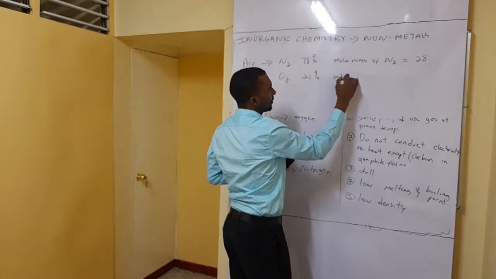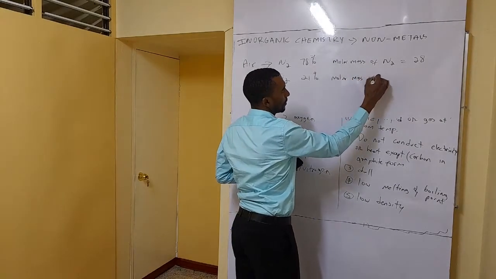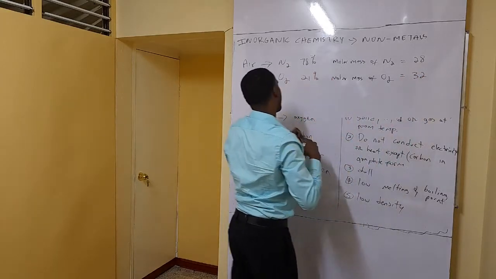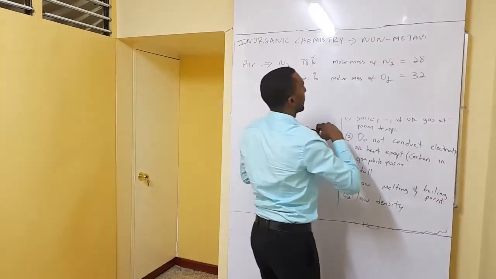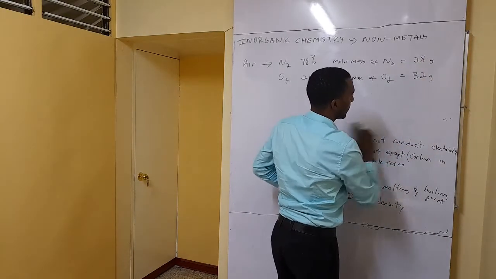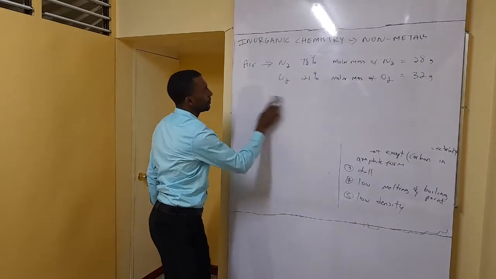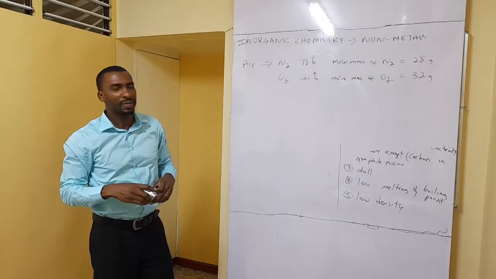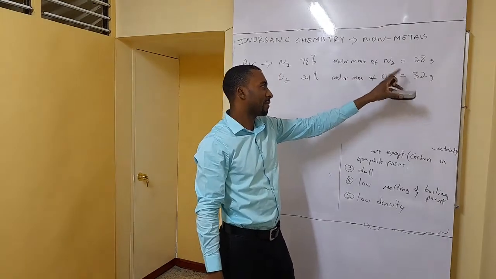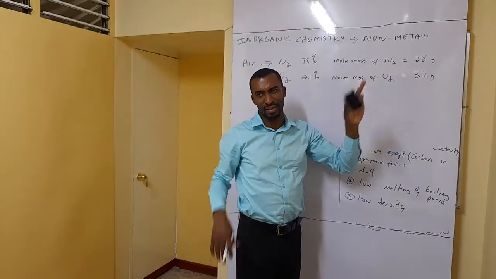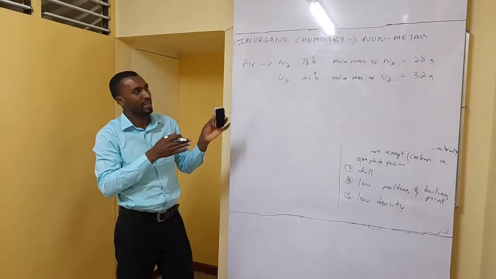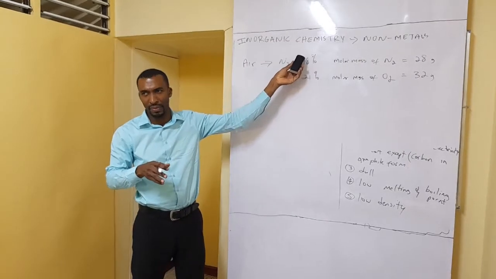The molar mass of O2 would be 32. So nitrogen and oxygen are the major components of air. If you do an average, it is roughly about 30 grams per mole. It's probably closer to 29, since nitrogen is the larger portion.